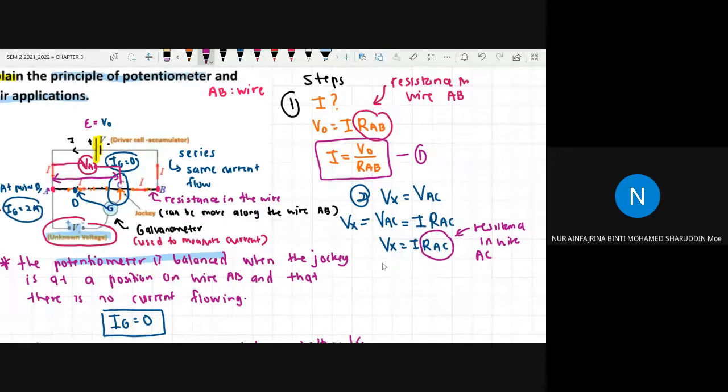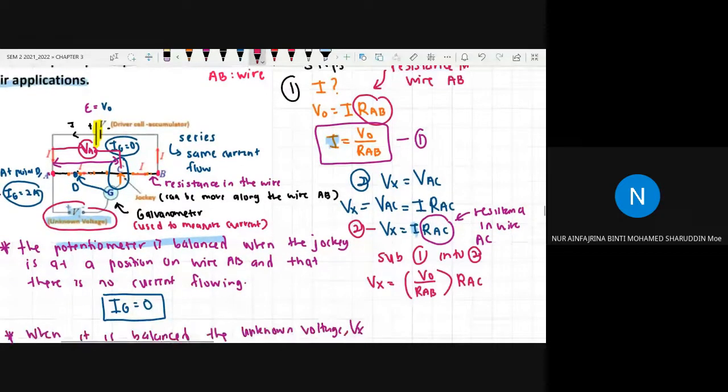Okay. Now, current. So, cuba tengok formula current ni. So, this is current. Ini adalah Miss punya second equation. So, what I'm going to do, I'm going to substitute 1 into 2. Miss akan substitute current ke dalam equation 2 ini. So, Miss akan dapat Vx equals to V0 over RAB darab dengan RAC.